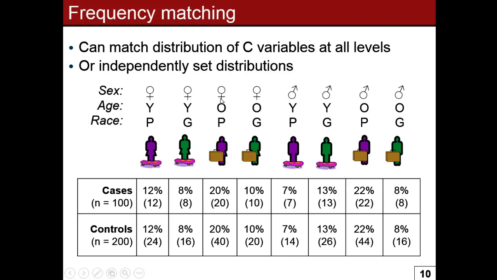And you may even do something even looser, which is what I said here, which is you independently match the distribution. So what I mean by that is you say, okay, this sample was, let's say, 60% female. I want my group to be 60% female. They're this percent old, and then the next percent can be old. They're independently considered rather than jointly considering the distribution of sex, age, and race.